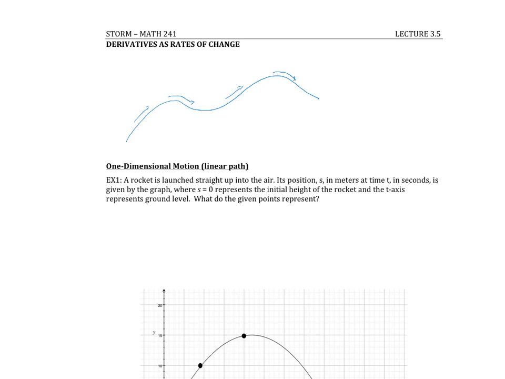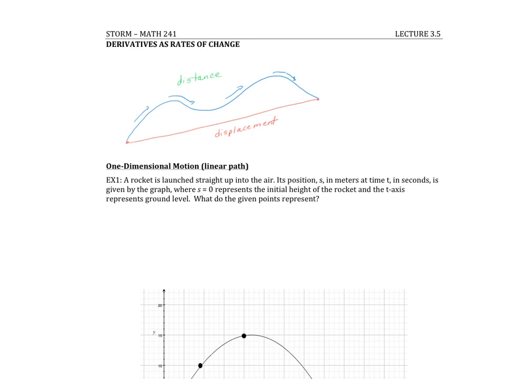But displacement is the straight line distance from your starting to your ending point. So there is a difference between distance and displacement.